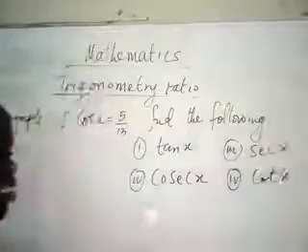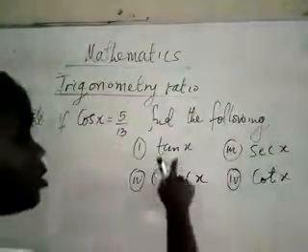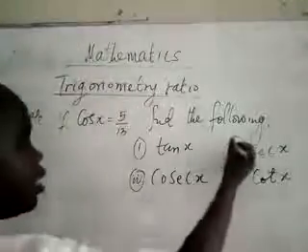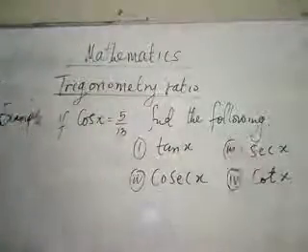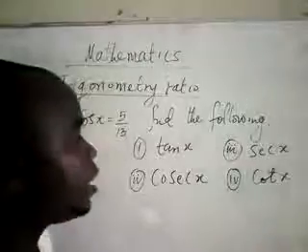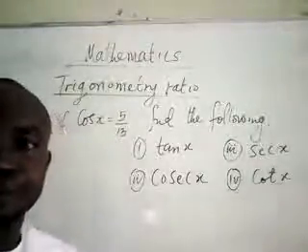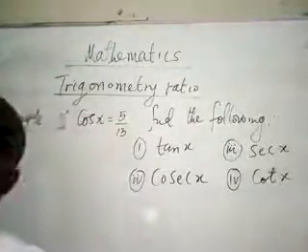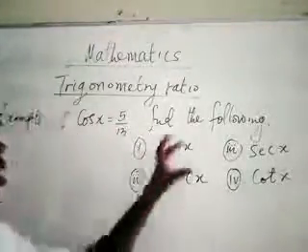Find tan x. Number 2 says find cosec x, number 3 says find sec x, and the other one says find cot x. So we are going to solve this problem, finding all that we've been asked to find.